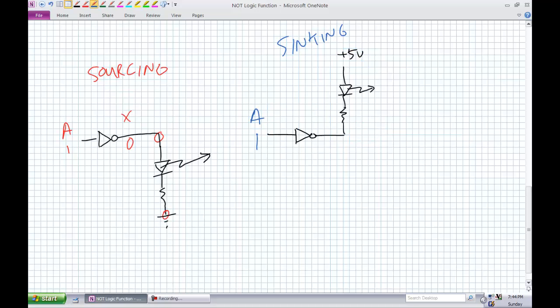Whereas, if A was a 1, the inversion of A, X, is a 0. 5 volts there, 0 volts there, potential difference. The LED lights up in a syncing relationship. A, 1 lights up. X, 0 lights up. So it depends on how you have these things arranged, and that is the use of a NOT gate often.